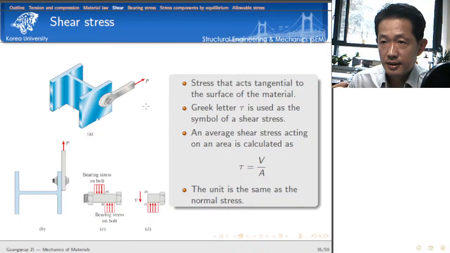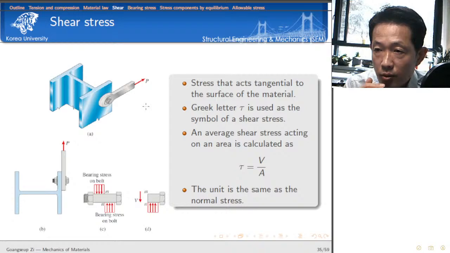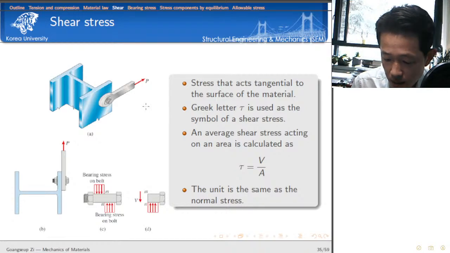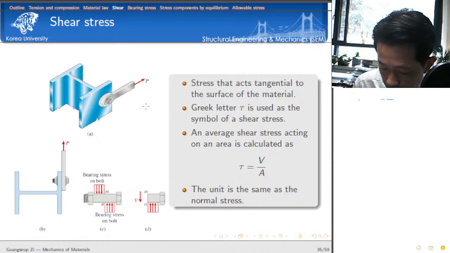Last time we talked about normal stress. Maybe we have to revisit the normal stress first. So I have my member, and we want to imagine a certain cross section.